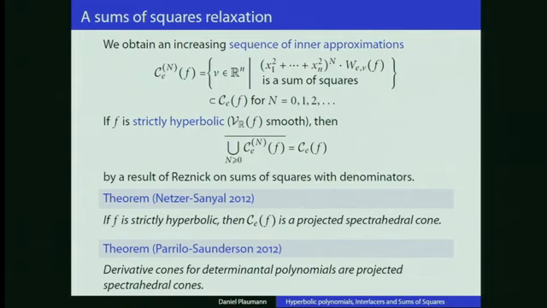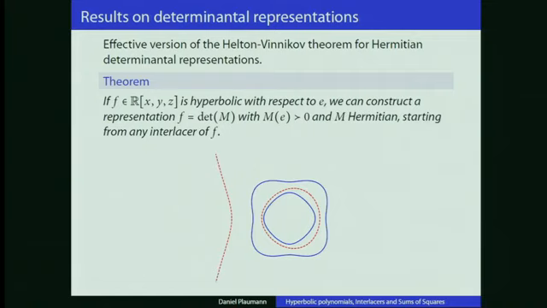So let me go into some of these results. This is now a bit more on the algebraic geometry side. On the one hand, I just want to mention this along the way. This is from a result from an earlier paper with Cynthia Vinzant. In the case of curves, you can use the theory of these interlacers to understand the Helton-Vinnikov theorem.